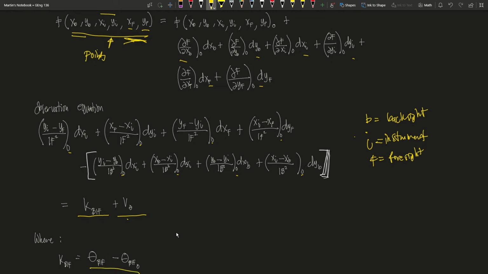So angle BIF not is equal to this equation. If you ever see a subscript of not, therefore it's changing. The coordinates are changing based on the current approximation or current data that you input. So I think that's it.